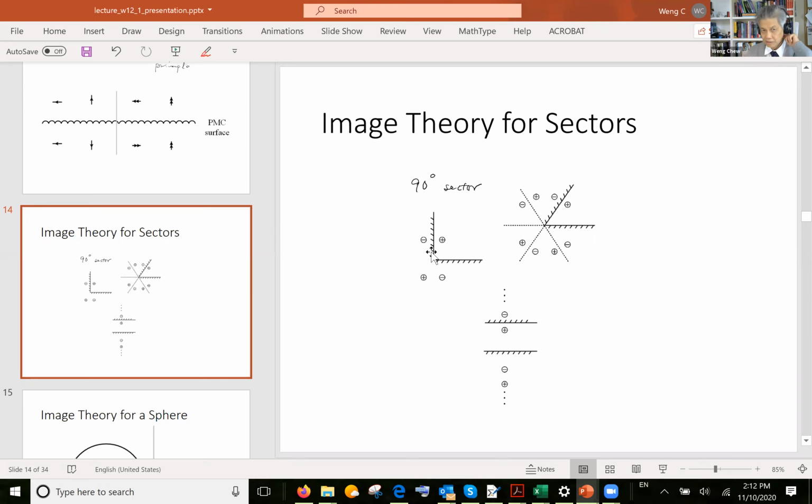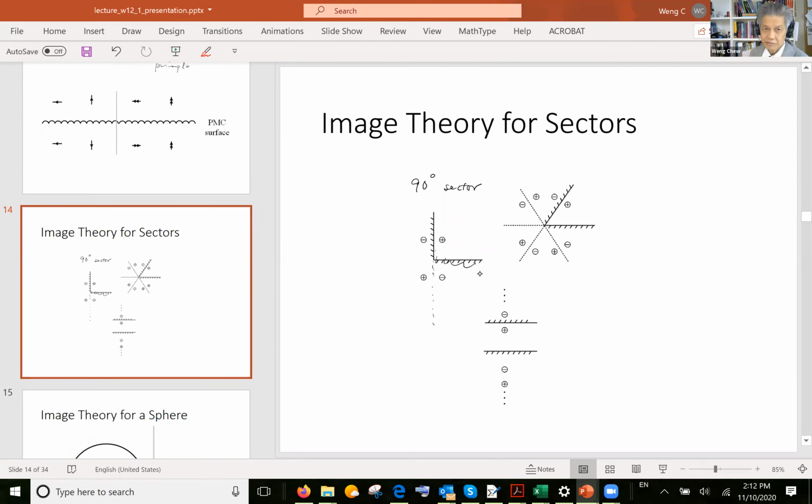First, you assume that this part is not there and try to solve this problem by assuming that this is infinite in extent. Okay, you assume that it's infinite in extent, assume that this is not there. Then you put a positive charge here. You should have a negative charge as an image, and then you put the negative charge there.